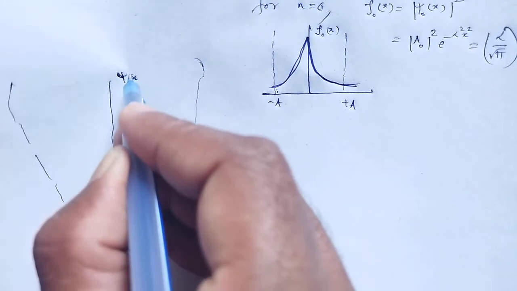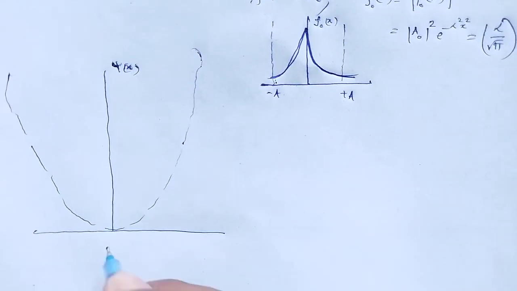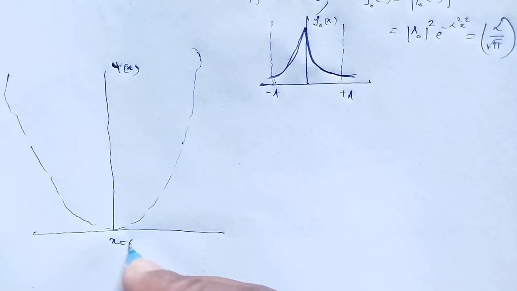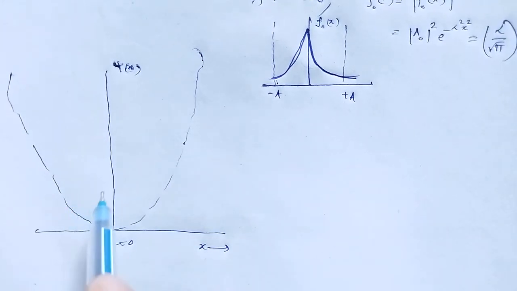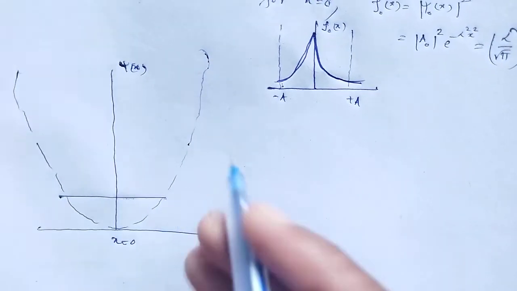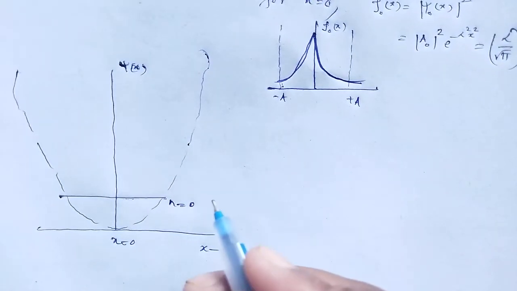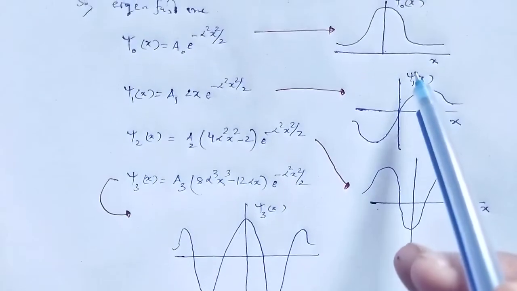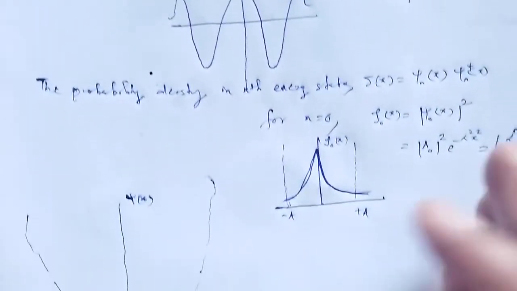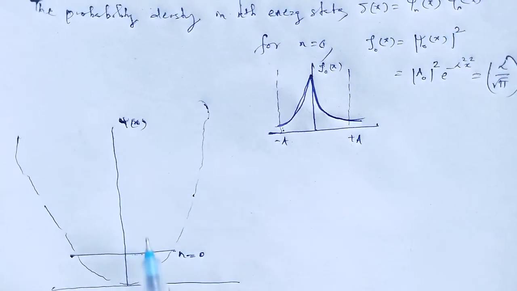This is psi of x, this is at x is equal to 0, and here the x axis. First n is equal to 0. The wave function psi 0 of x is represented like this.